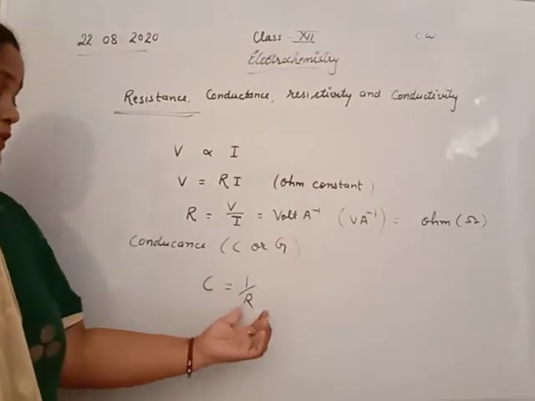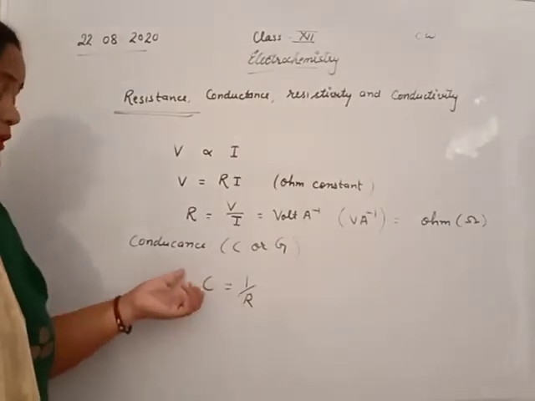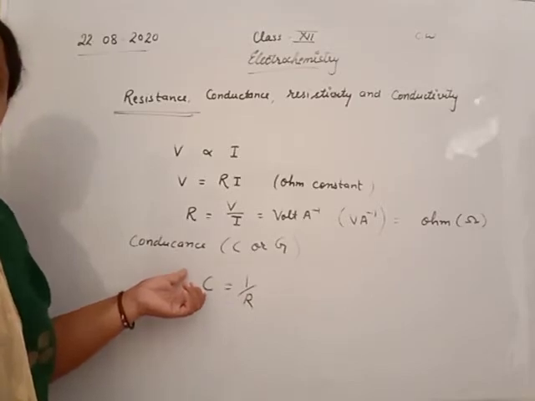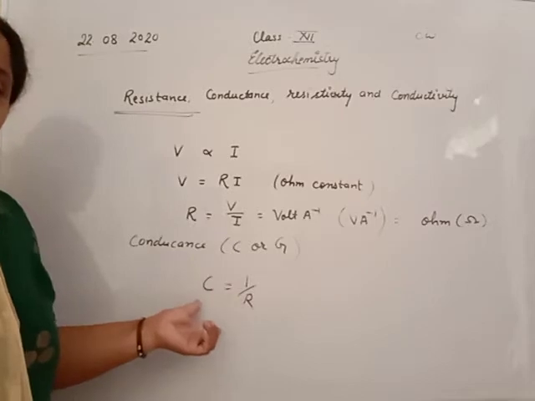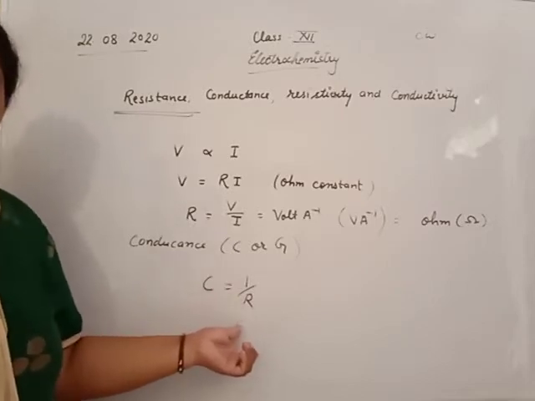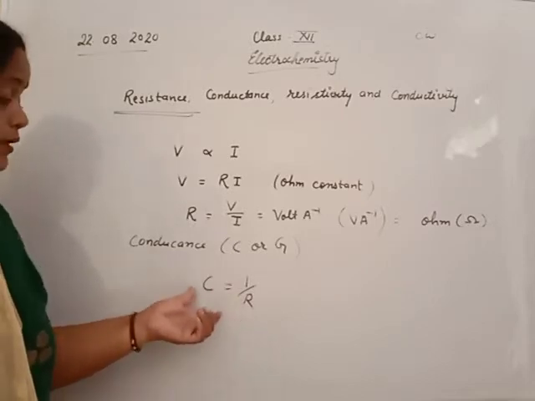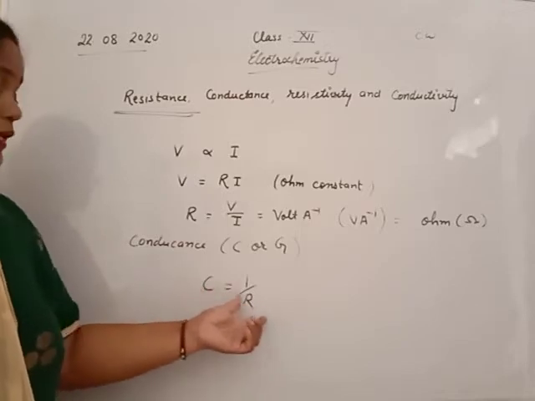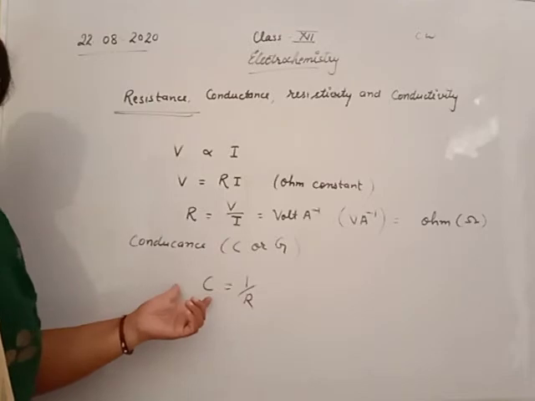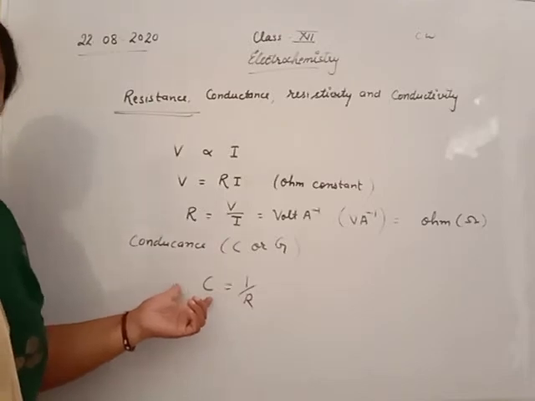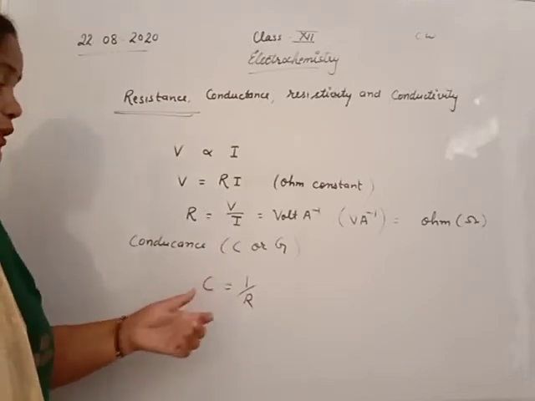If resistance becomes half, conductance becomes double. If a ratio is present between two physical quantities, then they are inversely proportional. But here the ratio is not there. If we increase the resistance, conductance decreases, but not in a particular ratio, then it is reciprocal.